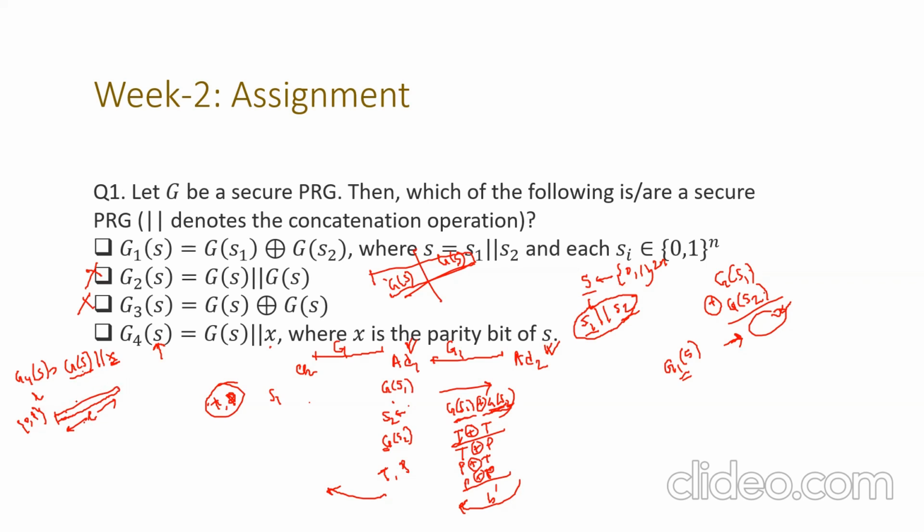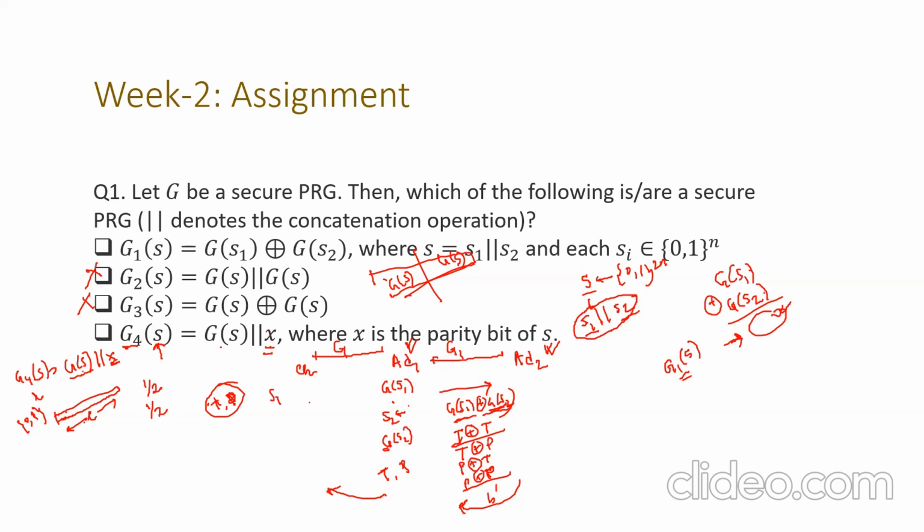If there is an odd number of ones, then your parity bit is 1. So the probability of the parity bit of a random L-bit string S being 0 is exactly half, and being 1 also has exactly probability half. So the last bit of G4 can be 0 with the same probability as it being 1.